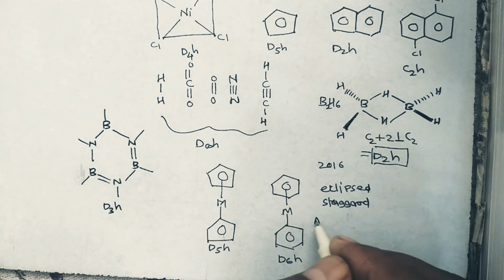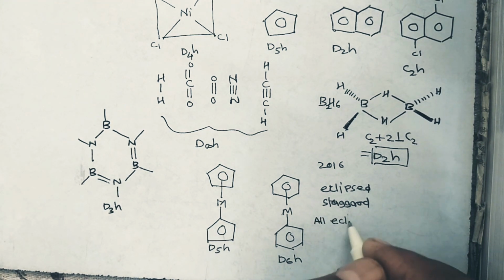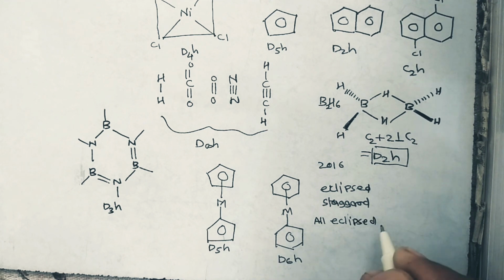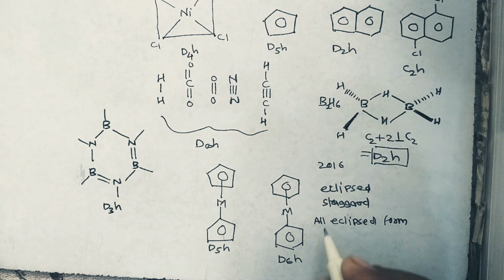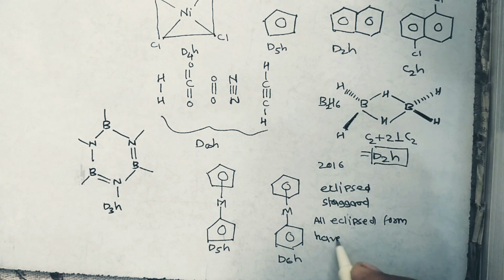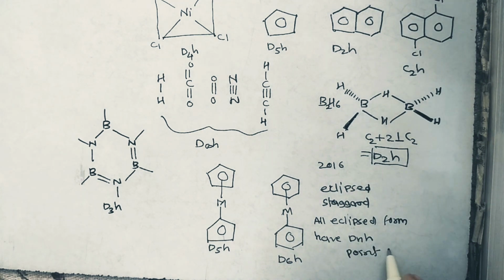So always remember, all eclipsed form structures have Dnh point group.